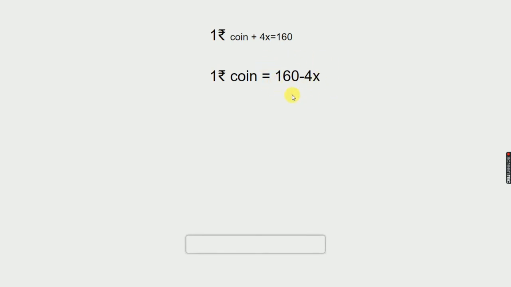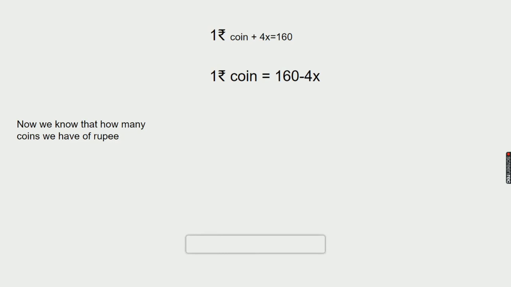So we found the count of 1 rupee coins because it was not given to us. So the number of 2 rupee coins is 3x, the number of 5 rupee coins is x, and the number of 1 rupee coins is 160 minus 4x.